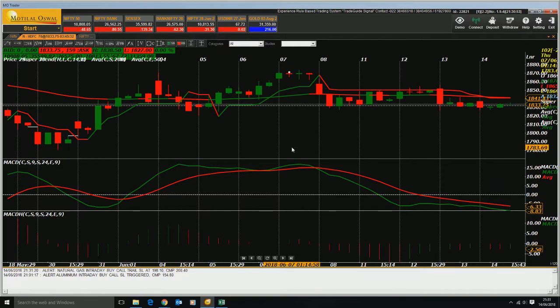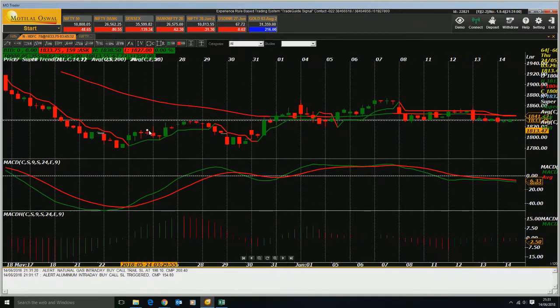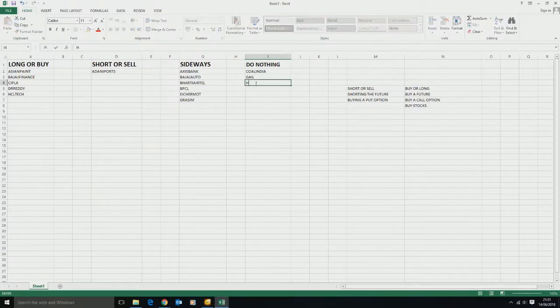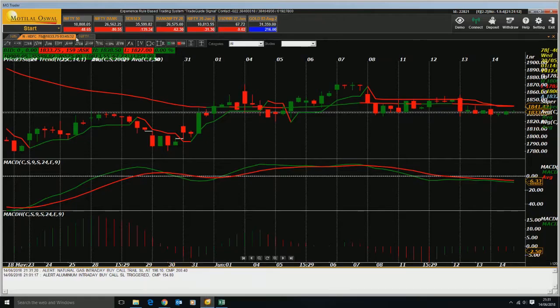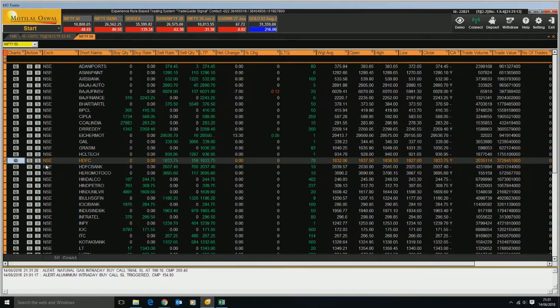It's also giving me a short entry, but more or less HDFC Bank is pretty much sideways. So I actually don't do anything with HDFC Bank at this moment. HDFC, not the bank, the HDFC. Again, I go to HDFC Bank. It is more or less the same thing.